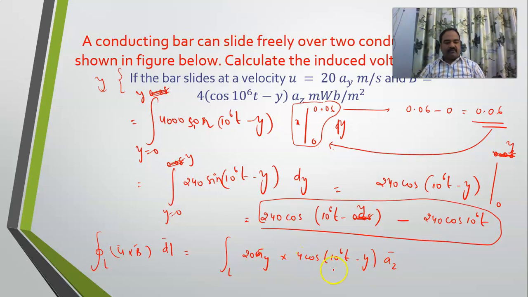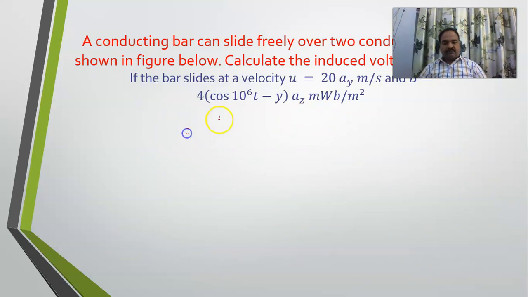So this will become 20 times 4, which is 80, and I do have dx ax bar. So first of all, ay cross az is ax, and ax dot ax I'll get as 1, isn't it? And I'll write it here: x varying from 0 to 0.06, with 20 times 4.